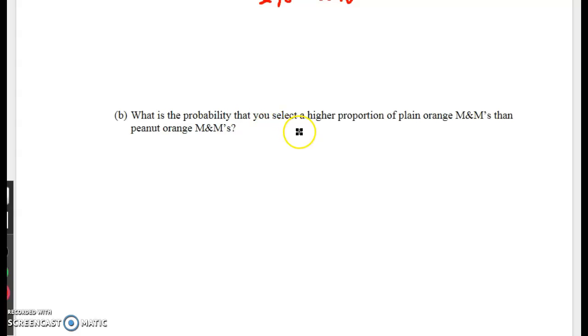And then part B: what's the probability you select a higher proportion of plain orange M&Ms than peanut orange M&Ms? We've seen this with combining random variables. What I'm really asking is, what's the probability that I get a P1 hat that's bigger than a P2 hat?